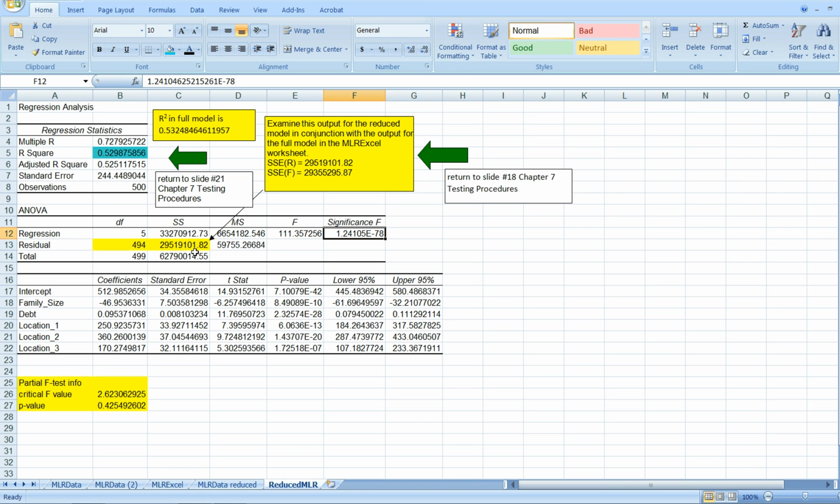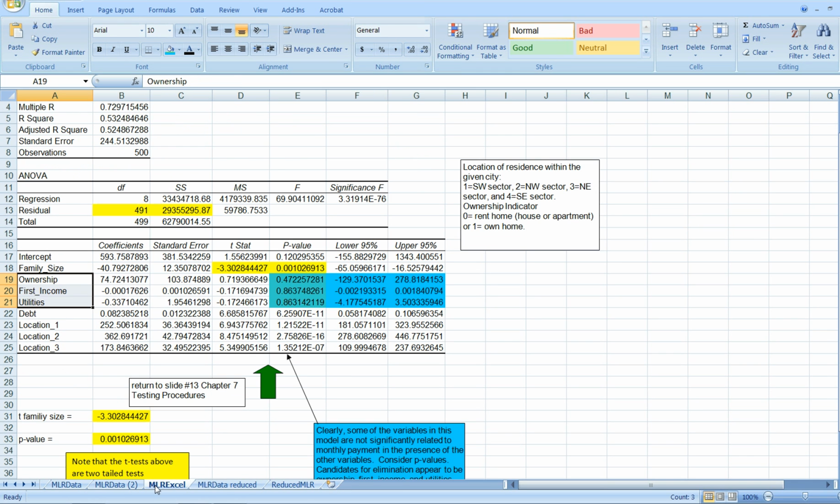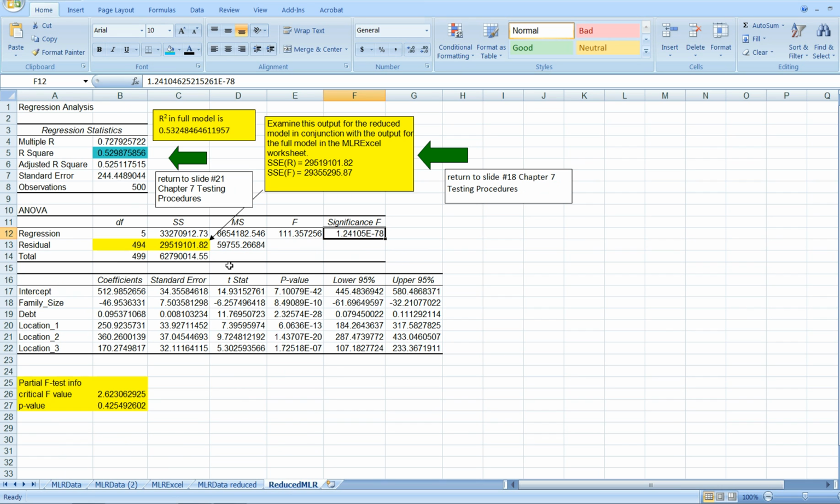Now, adding the three additional variables of ownership, first income, and utilities only brought our sums of squares error to 293,55295. And if you go back to this worksheet, I've written them out for you here so that you can stare at them a little bit.